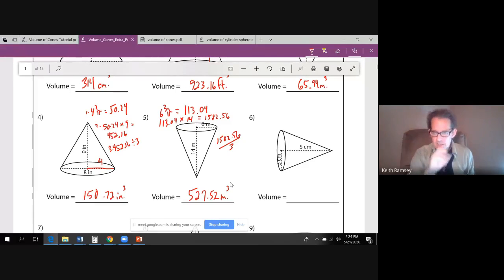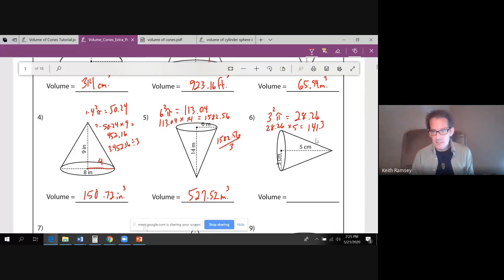Okay, let's look at number 6. I think this is a radius of 3. So we'd have 3 to the second power times pi. So 9 times 3.14 is 28.26. That's the first step. Second step, multiply that by the height, which looks like it's 5, for 141.3.